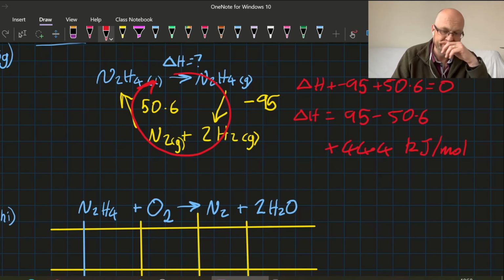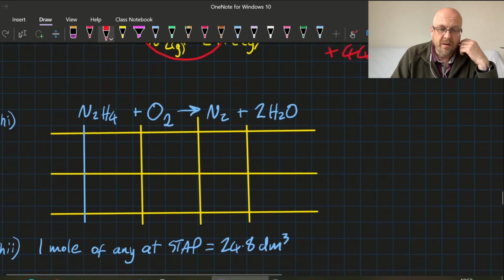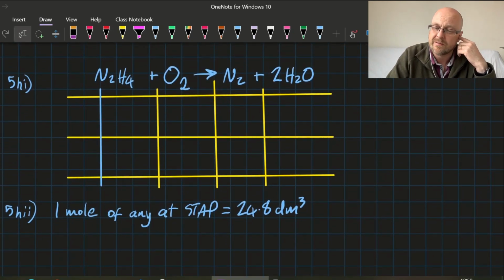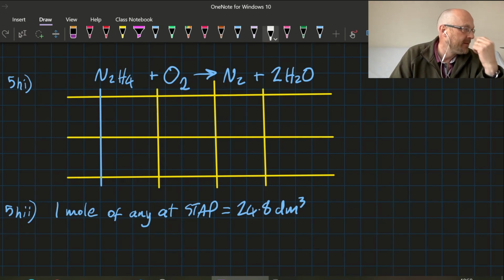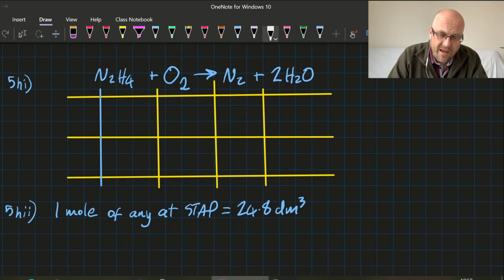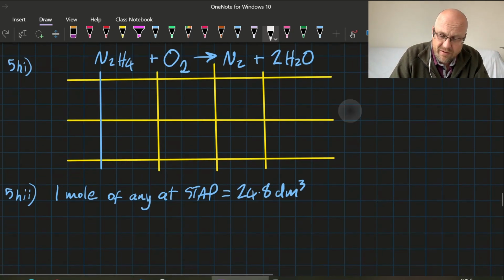5H. This is just a stoichiometry question tied up in a bit of a knot. Not too bad. So my oxygen, I've got 8 thousandths of a gram in a decimeter cubed, and I've got 1,000 decimeters cubed. So that means I have a mass of 8 grams.